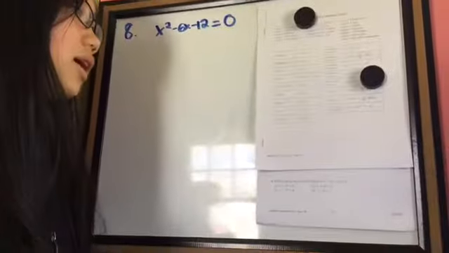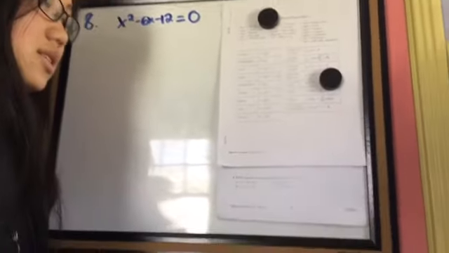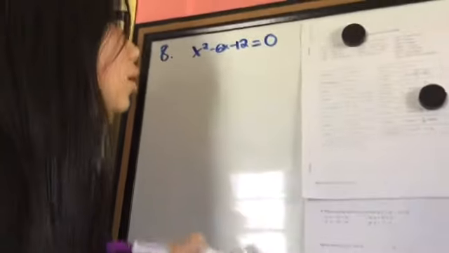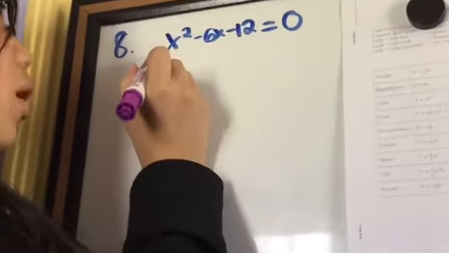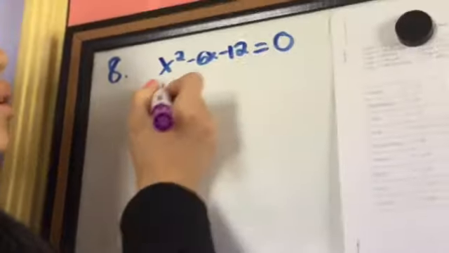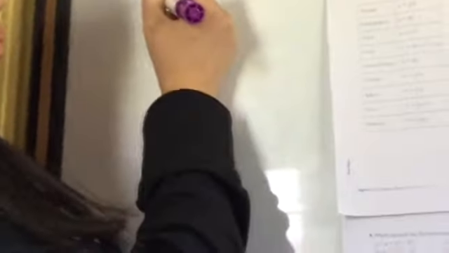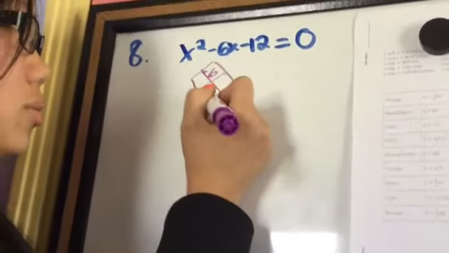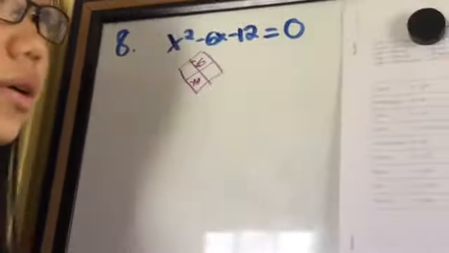Number 8 asks which equation has the same solution as this. And to find that, we must find the solution to this. We know that this is not factorable by using the diamond method, because nothing adds up to -6 and multiplies to 12, that's a whole number, so we cannot use that.